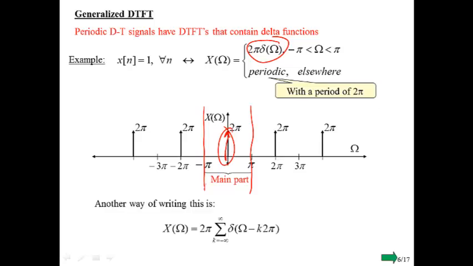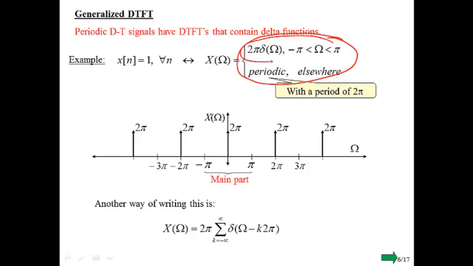Now, another way of writing this, and this is common in books and on tables, is to take the thing that's inside minus pi to pi, shift it out to create all of those replicas, and then add them all together, instead of writing what it looks like inside minus pi to pi and telling you that it's periodic elsewhere. This is a very complicated way of writing things, and it tends to get students into a fair amount of trouble.